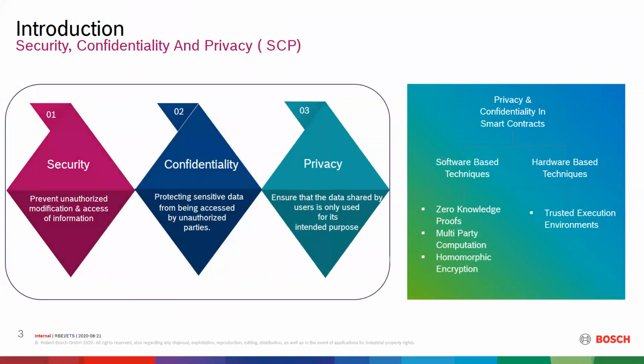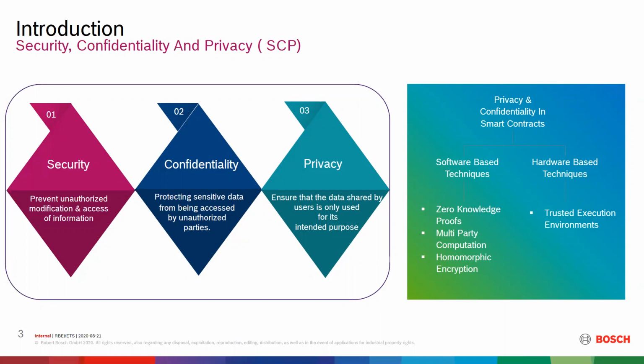Now let's go into a brief intro on security, confidentiality, and privacy. The first one is security. A system is said to be secure if it is capable of preventing unauthorized modification and access of information. The second one is confidentiality. Confidentiality means protecting sensitive data from being accessed by unauthorized parties.